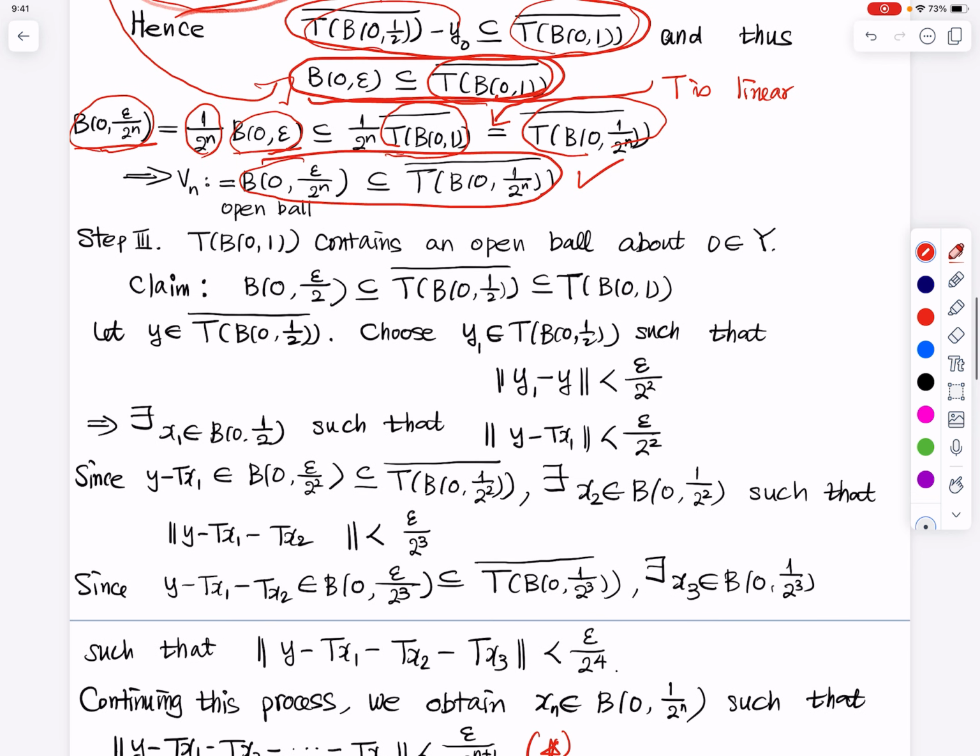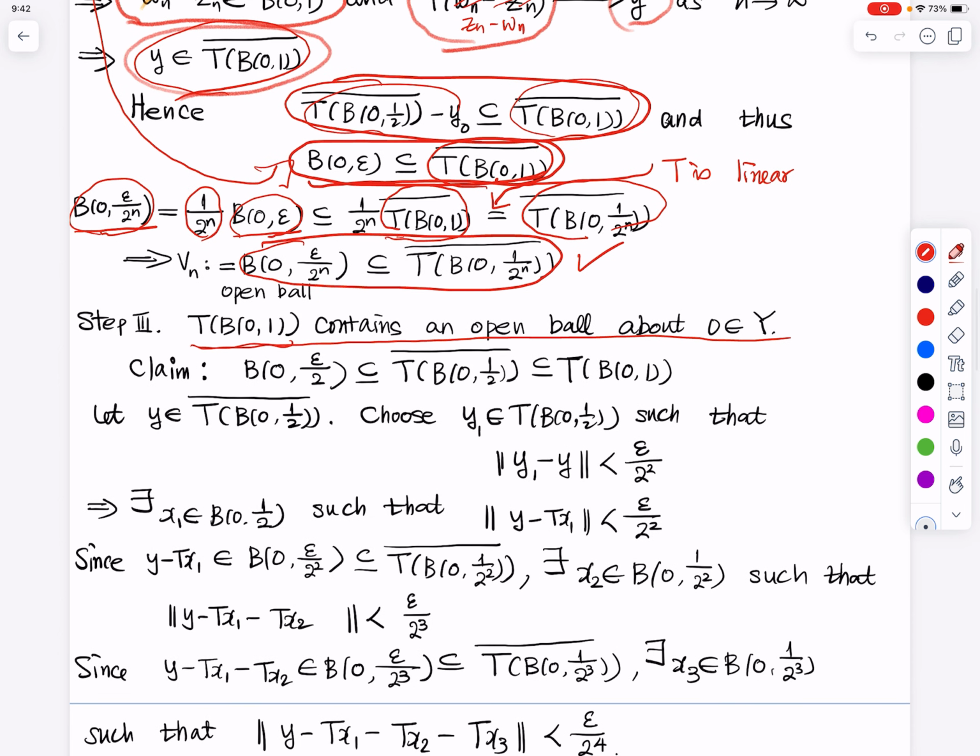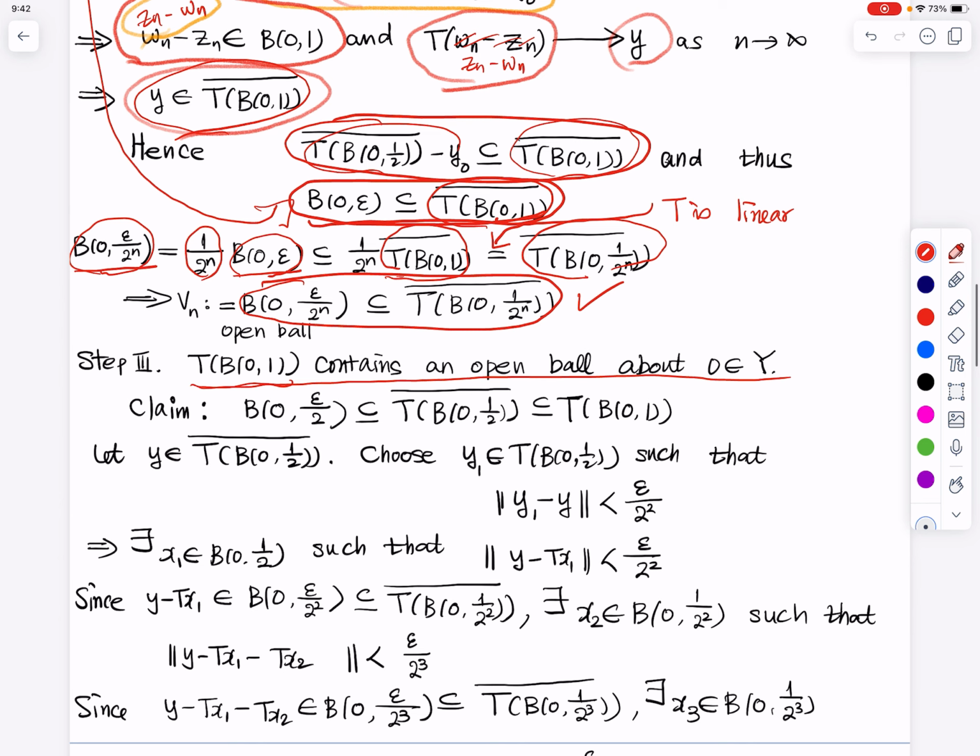So our goal is that the closure of T(B(0,1)) contains an open ball about 0. That's what we want to prove. Then we just continue from the previous one.